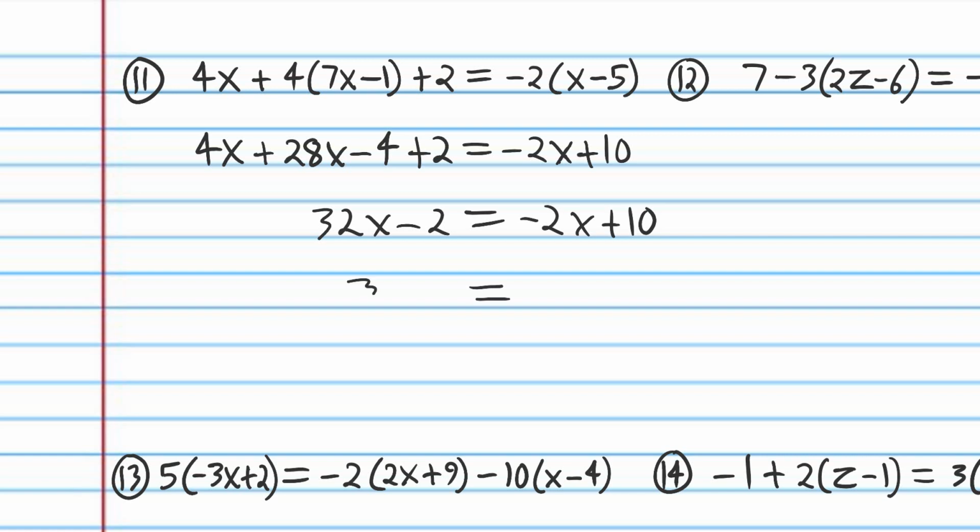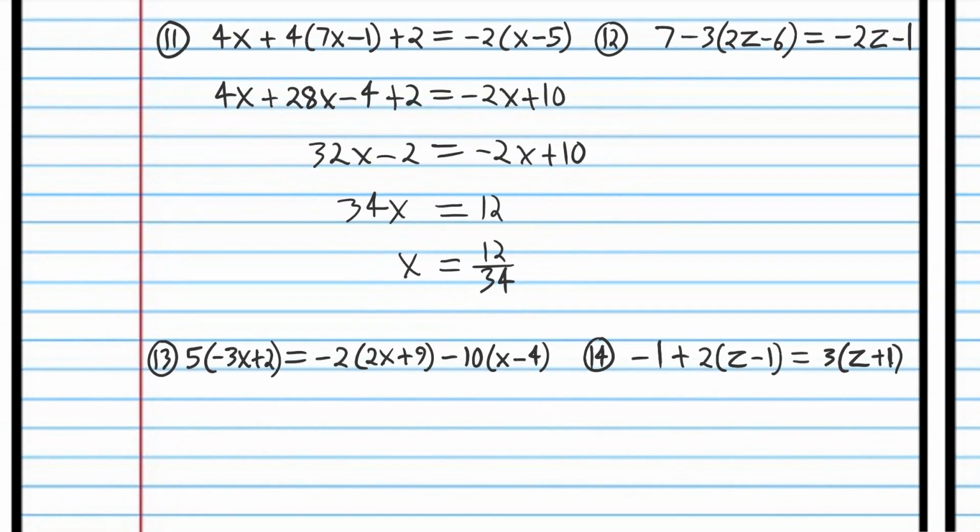Add 2x to both sides. Add 2 to both sides. And this time we're finally going to get a proper fraction, but unfortunately it's not reduced. So we have to use the fundamental principle of fractions, divide both sides by 2, and you get 6 over 17.